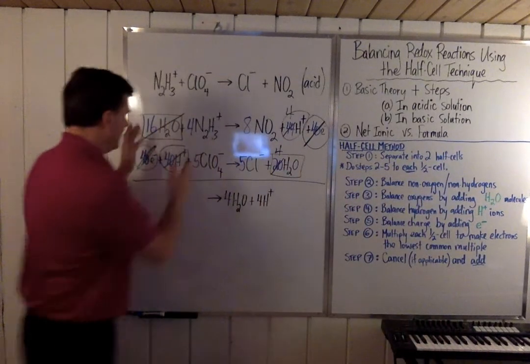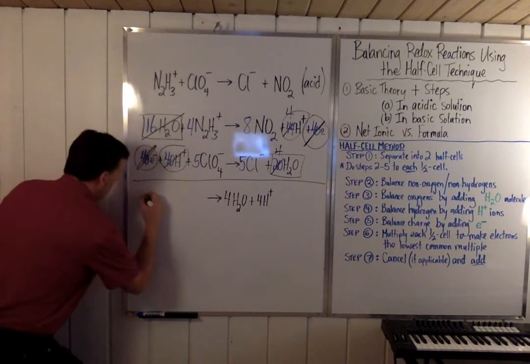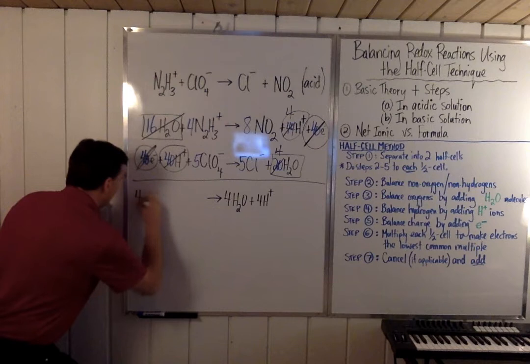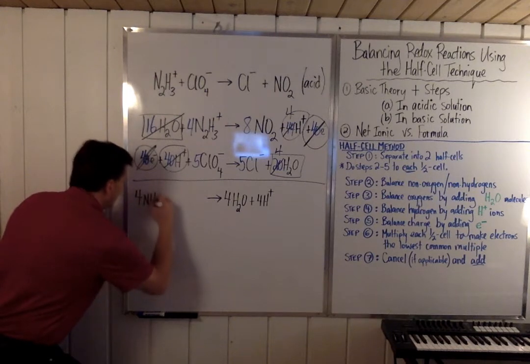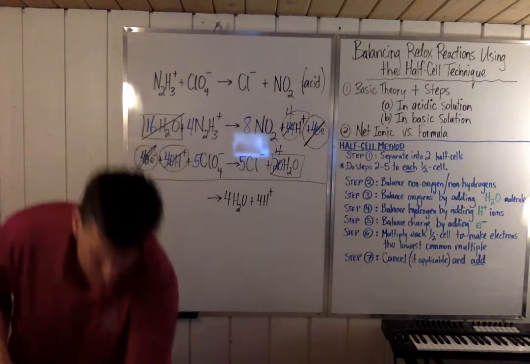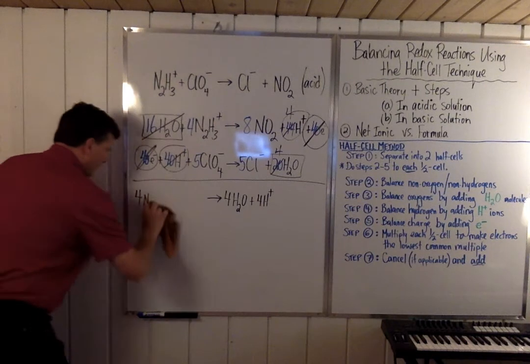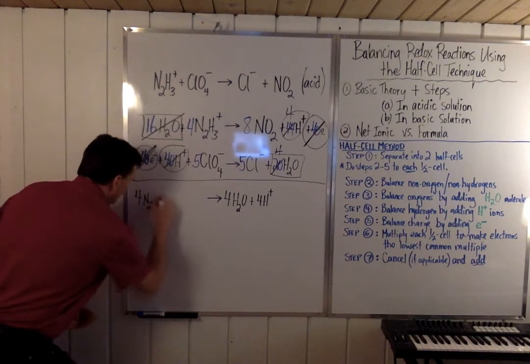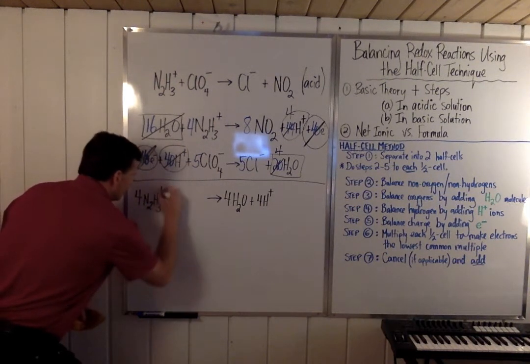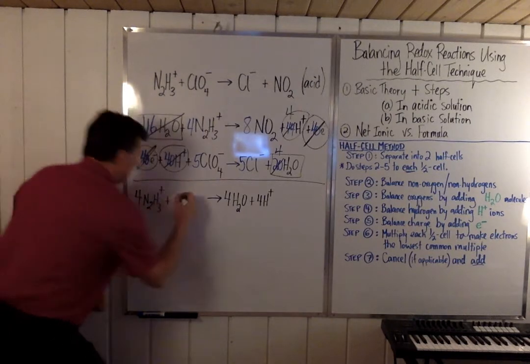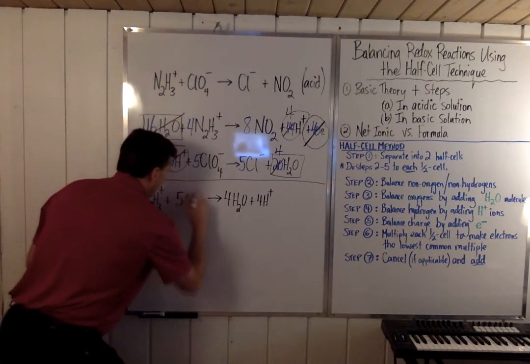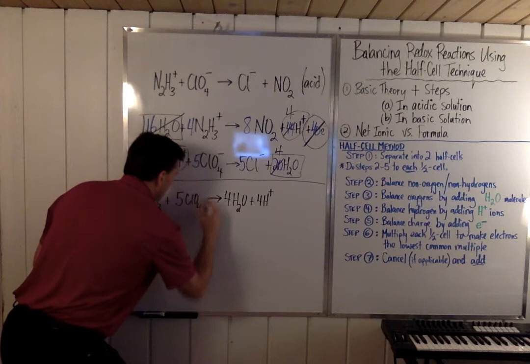So over here on the left-hand side, I've got 4 NH3s and 5 ClO4s.